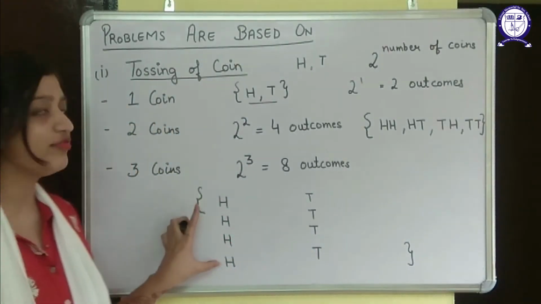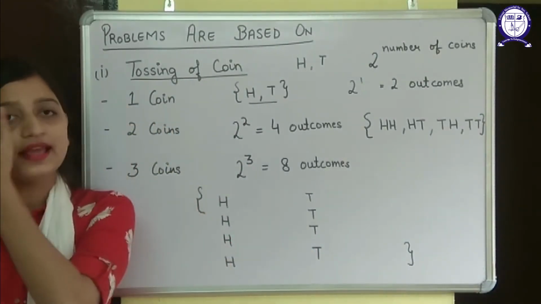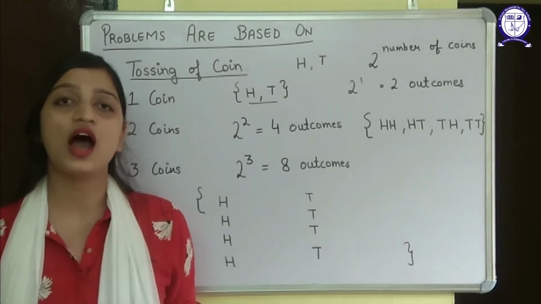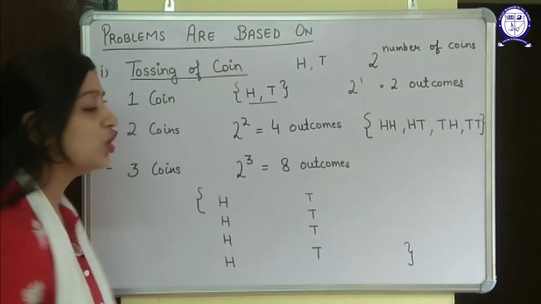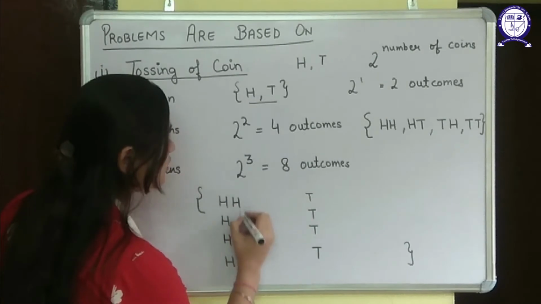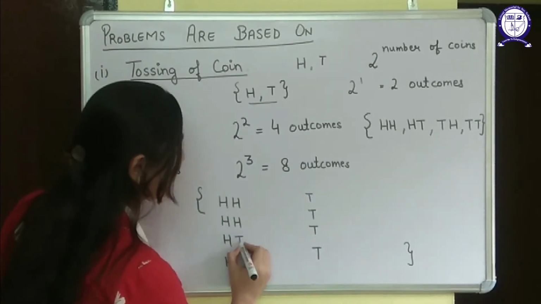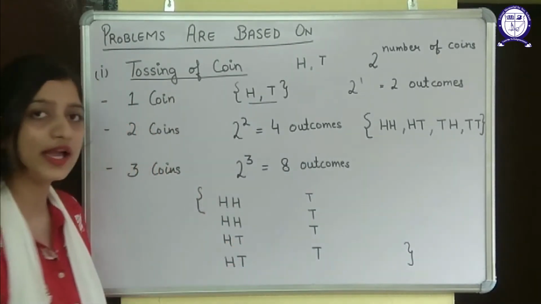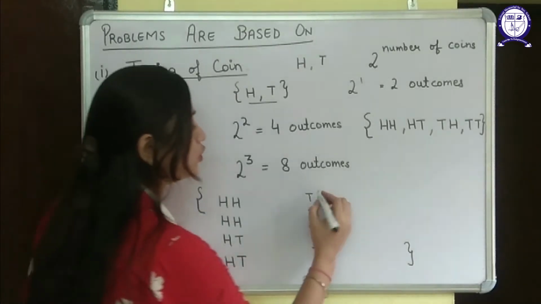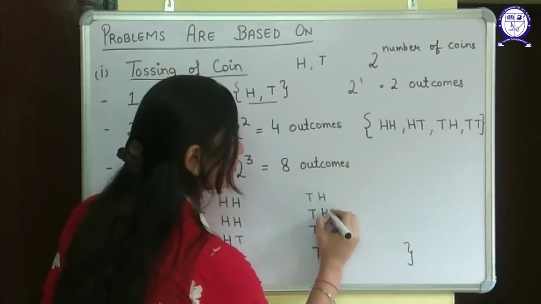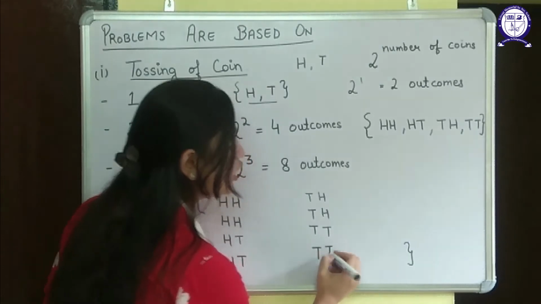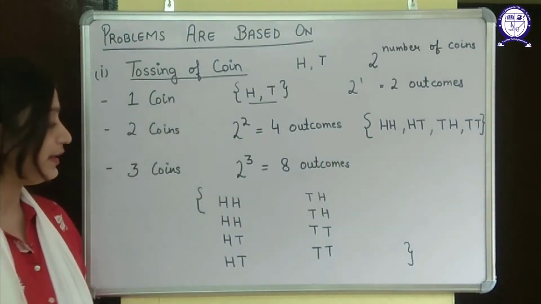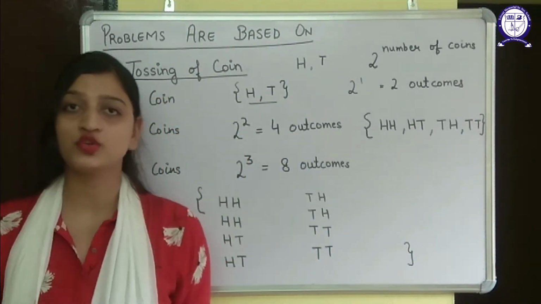Then out of these 4, I will again take the half of it. So the half of 4 is 2. So I will write head 2 times and then tail 2 times. Then again head 2 times and then tail 2 times. Now what is the half of 2?